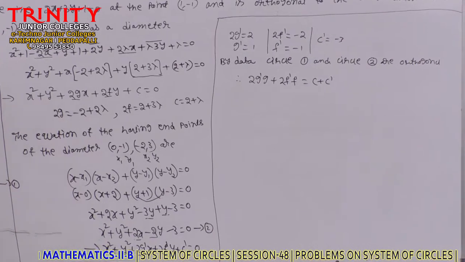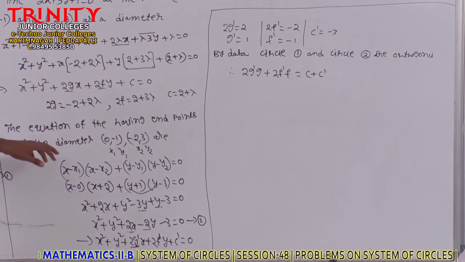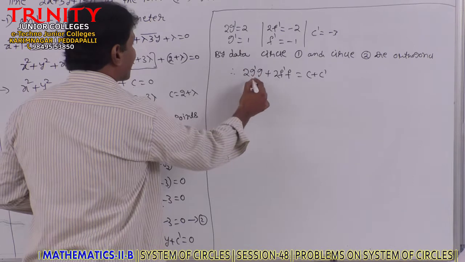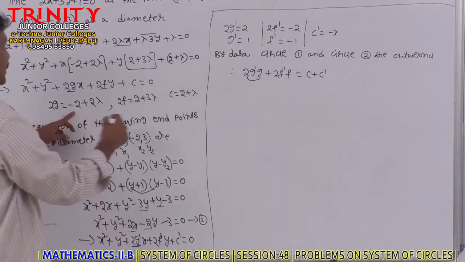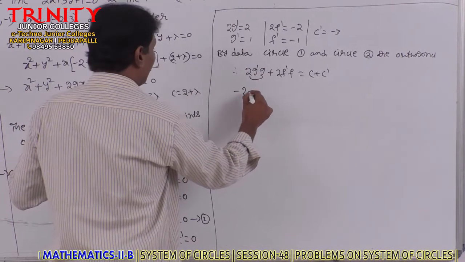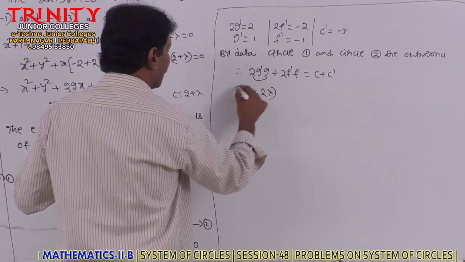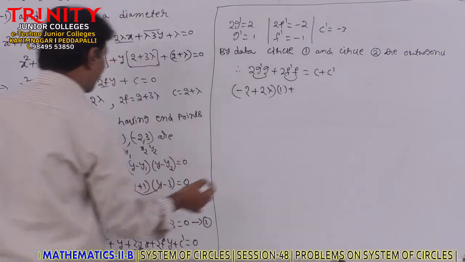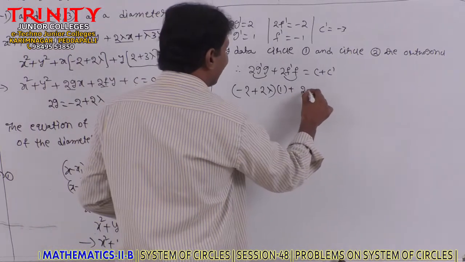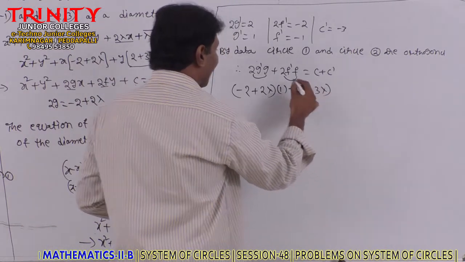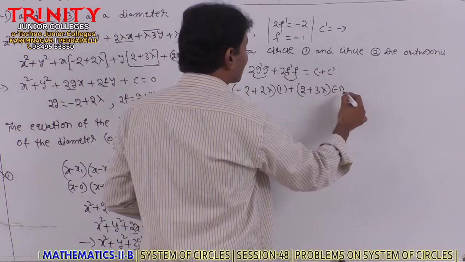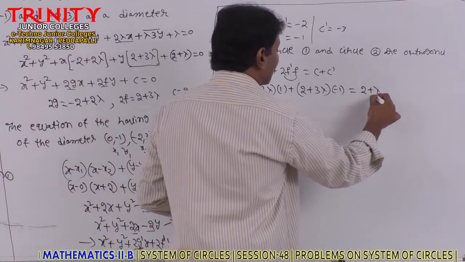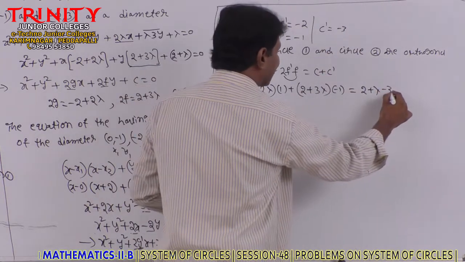Here g' is 1, the value of 2g is minus 2 plus 2 lambda. The value of f' is minus 1, the value of 2f is 2 plus 3 lambda. The value of c is 2 plus lambda and the value of c' is minus 3.